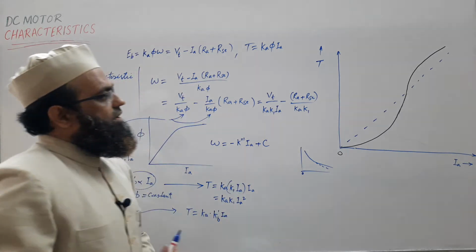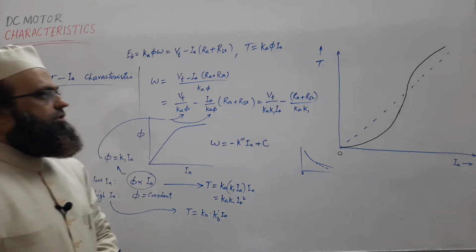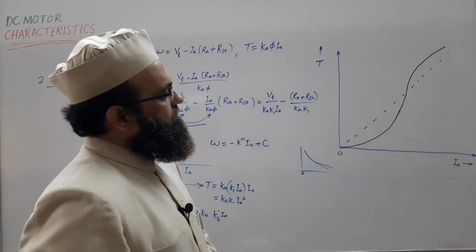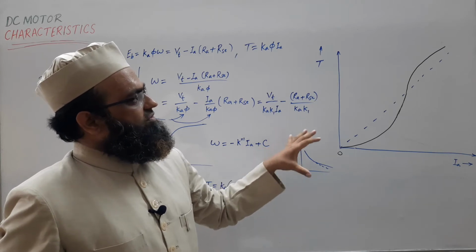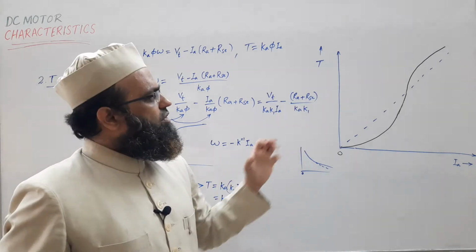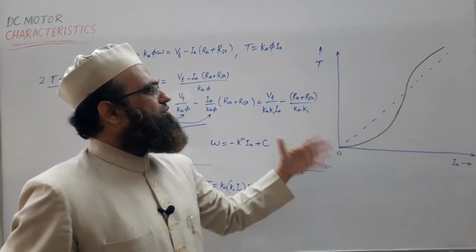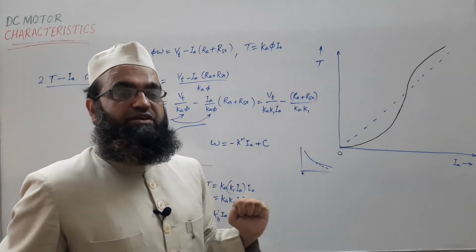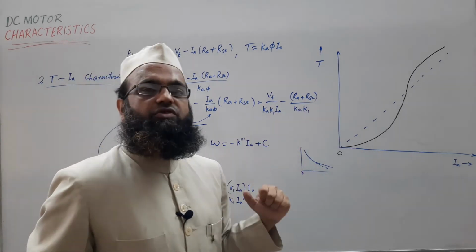So this was all about the characteristics of the DC series motor. Try to extract information from these characteristics. These are not only simple characteristics just to be drawn when someone asks what the torque armature characteristic is. Try to extract the information hidden in this characteristic.